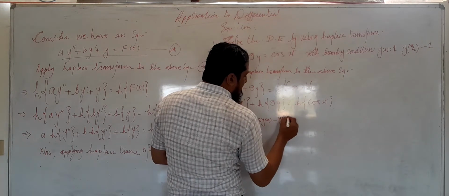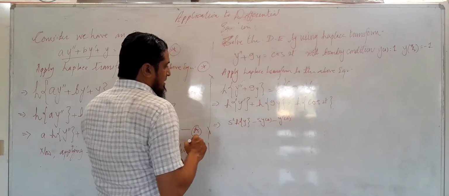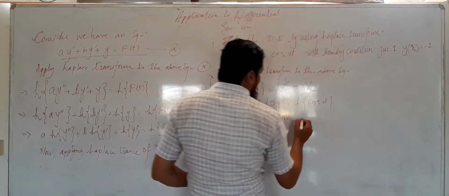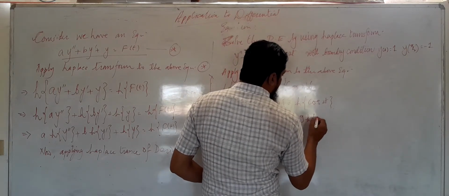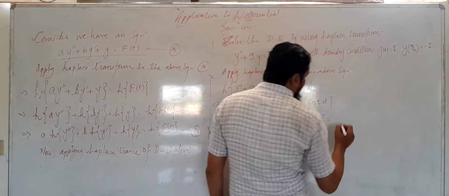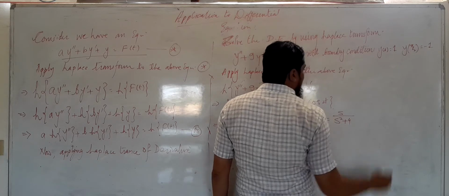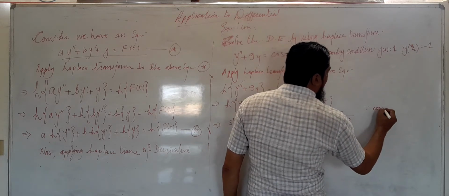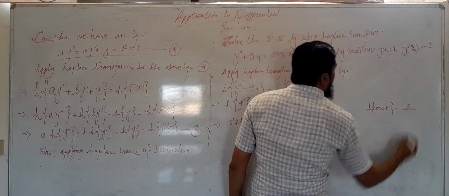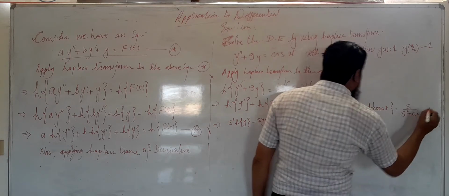Correct. Now plus 9 Laplace transform of y, and Laplace transform of cos 2t will give us s upon s square plus 4, since the Laplace transform of cos at is equal to s upon s square plus a square.